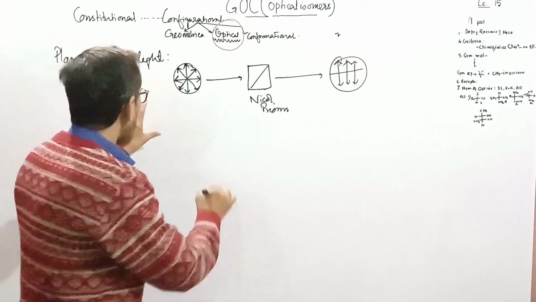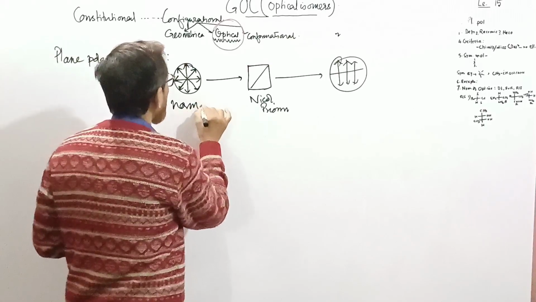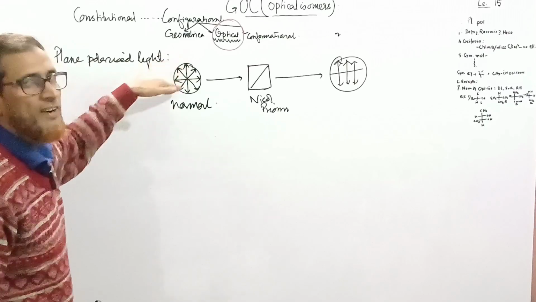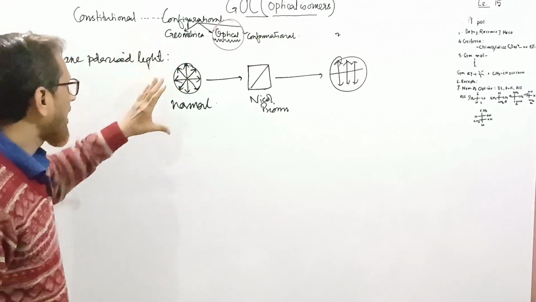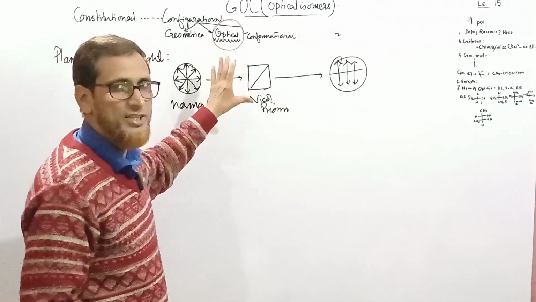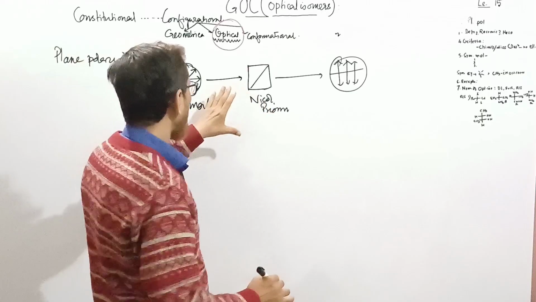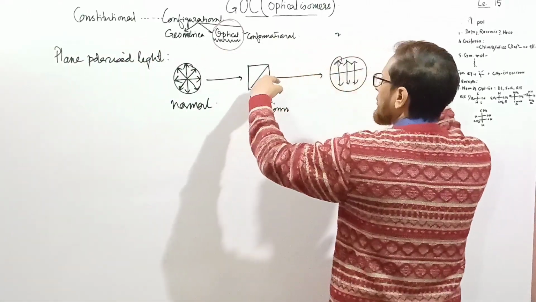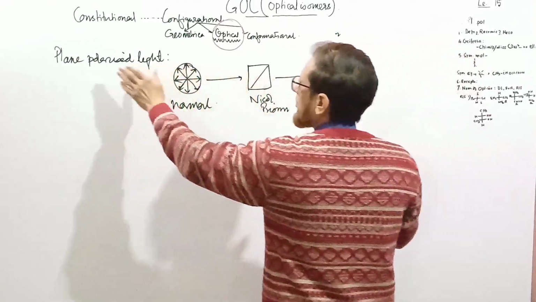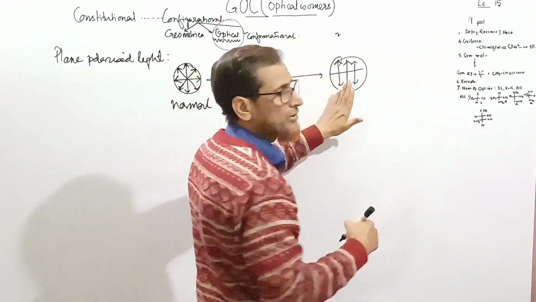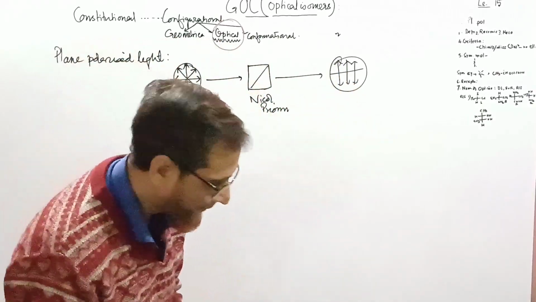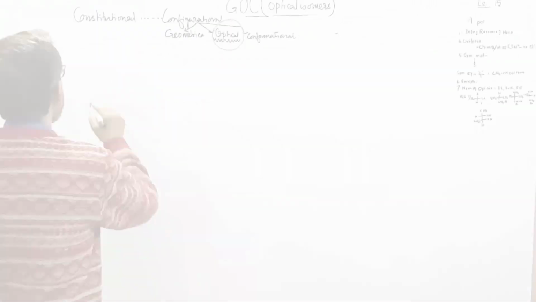Natural or normal light or sunlight has vibration all through the different axes, and if this normal light is passed through a nicol prism or calcite or some type of crystal, then these lights are aligned in such a way that they remain in the same plane. That light is called plane polarized light. This is often used in explanation. So keep this point in your mind.